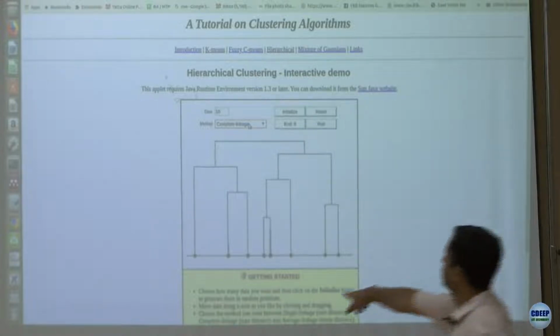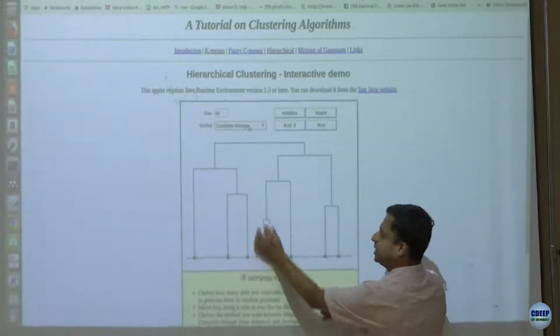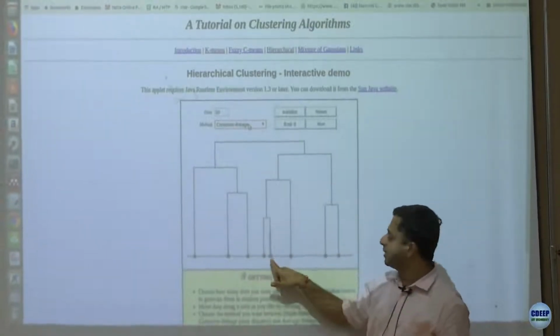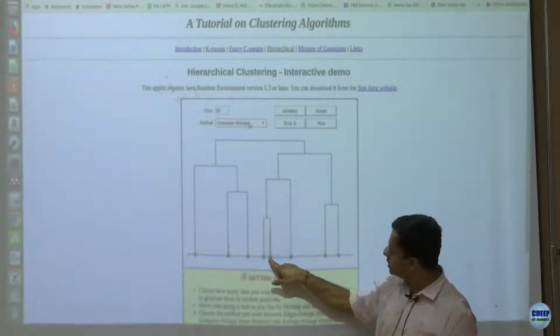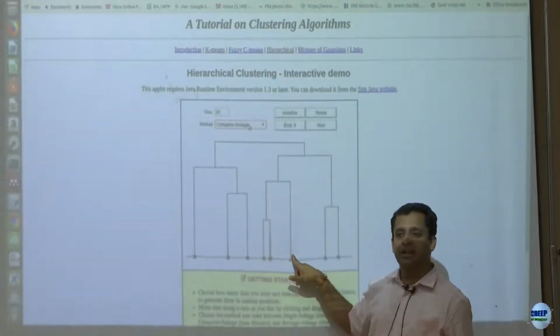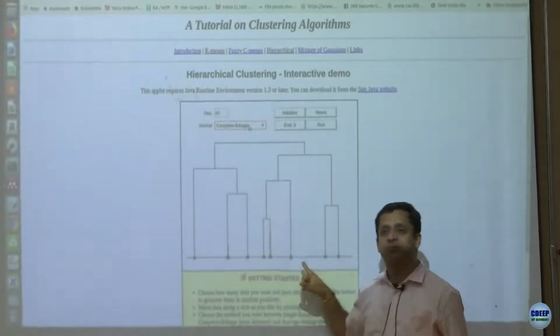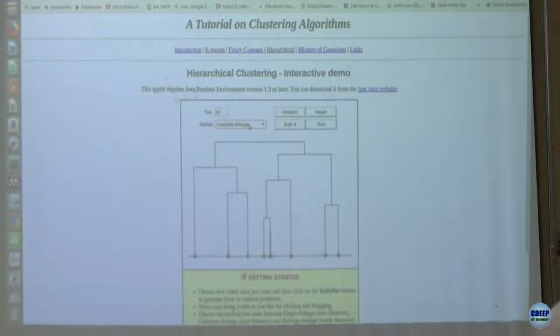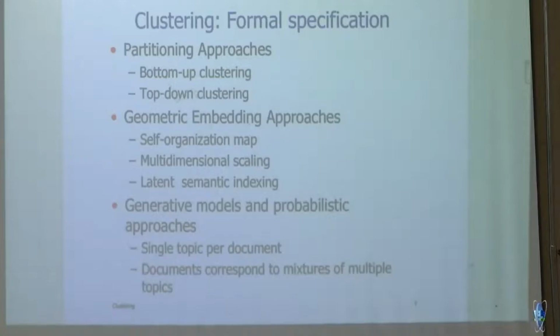For example, when I want to merge this pair with this one, will I consider the distance or similarity of this node with this one as well as this node with this one? Will I consider the max of them, the min of them? All those options start playing a role. So this is called bottom up clustering: start from the points and then go up. This is what I have tried to illustrate here.